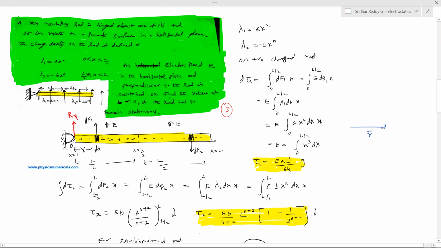If this is R bar and this is F bar, then how is the torque? Torque should be clockwise. Now, some rough idea I'm giving. Okay, now let's proceed in a similar way.